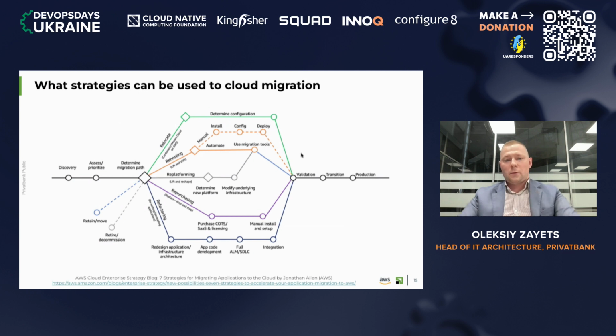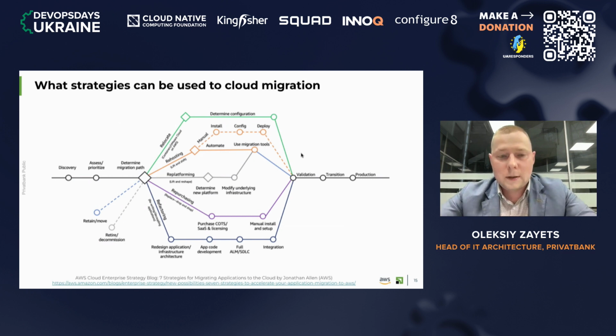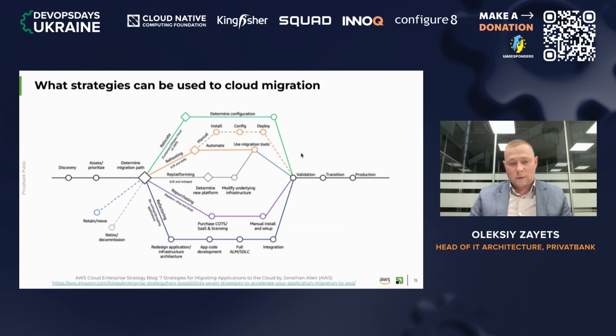Rehosting was preferred for us because many systems were deployed from scratch. The DevOps team had a lot of sleepless nights to prepare infrastructure, to test, to switch over, to start operating in cloud. Replatforming and other strategies we didn't even take into consideration because they need a lot of time to refactor and redesign our applications.